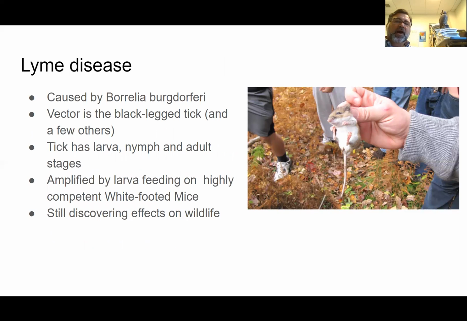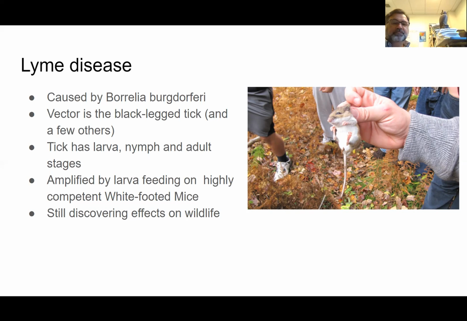All right, Lyme disease. None of those bacteria required a vector. So here's a bacterium that requires a vector. A large number of viruses require a vector. Here's a bacterium that also requires a vector. The bacterium is Borrelia burgdorferi.